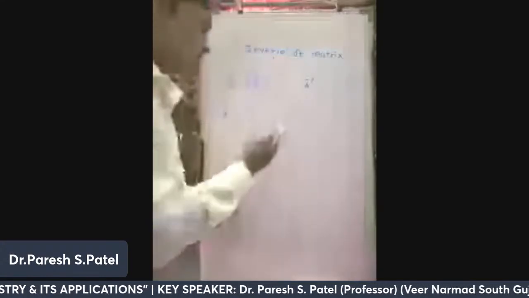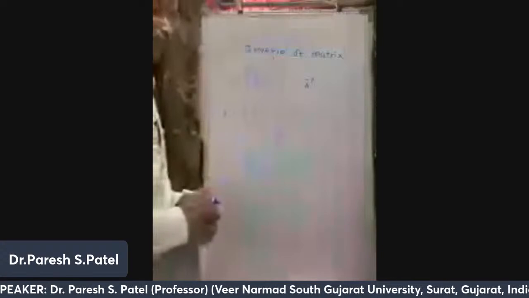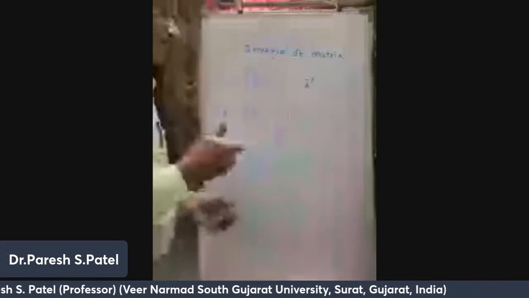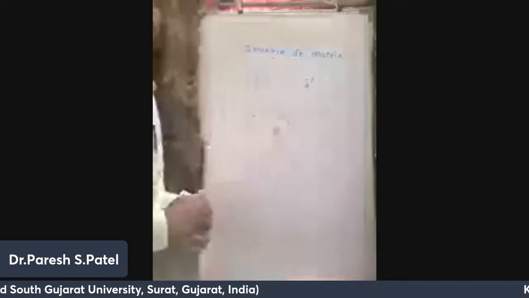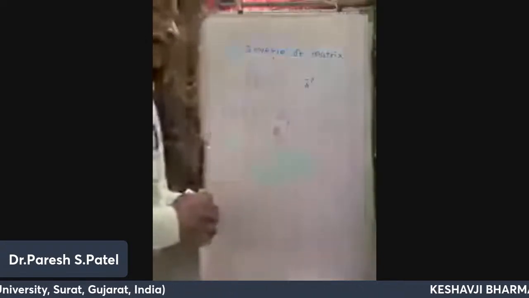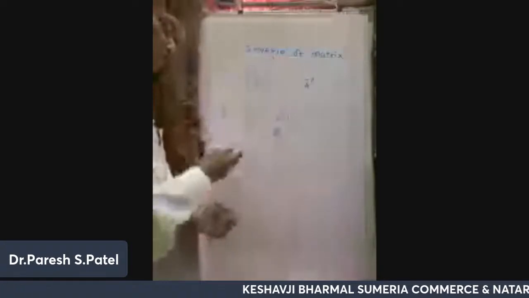Clear? Second one, change the sign of other than diagonal elements. So we have to change the sign of the other than diagonal elements. And third one, to find out the determinant of this matrix.